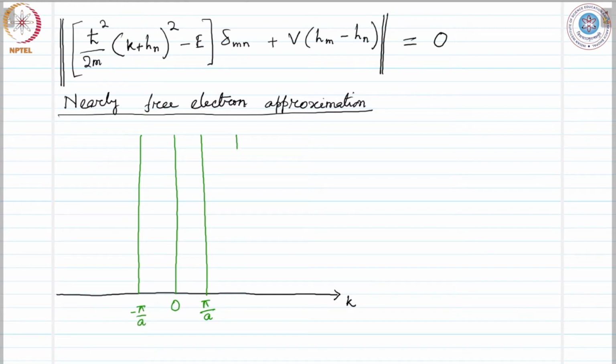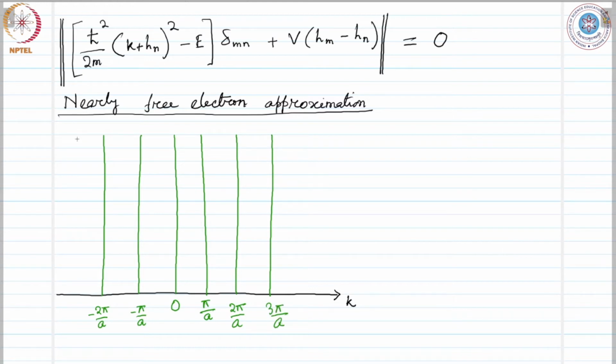Then here it is twice pi over a. Here it is minus twice pi over a. This is thrice pi over a. This is minus thrice pi over a, and so on. So this is the momentum space that we have drawn.